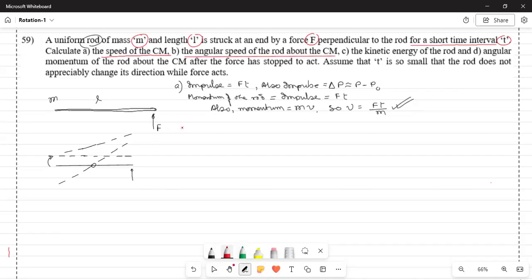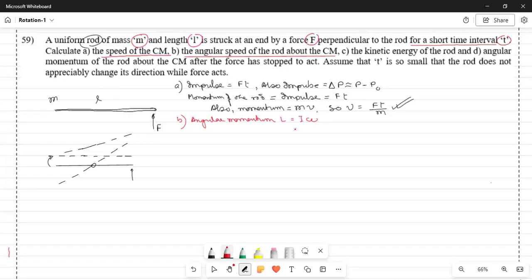By definition, if you go to solve part D, angular momentum L is equal to I omega. I is the moment of inertia.